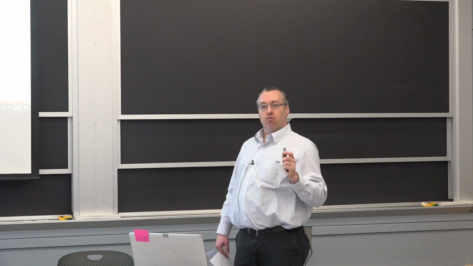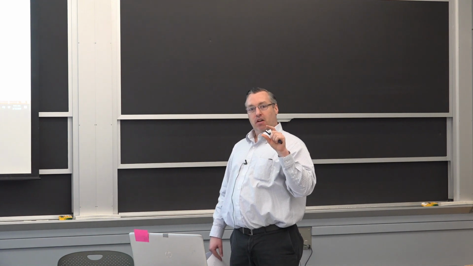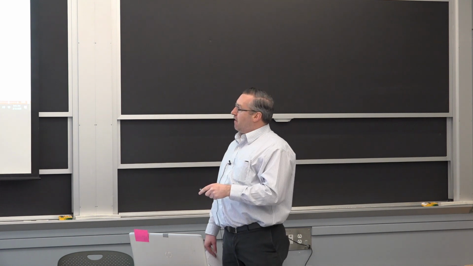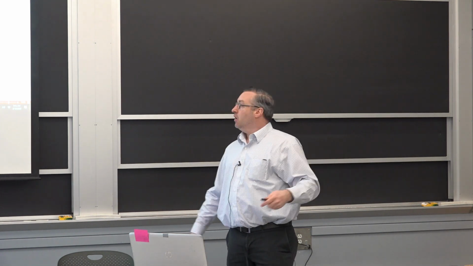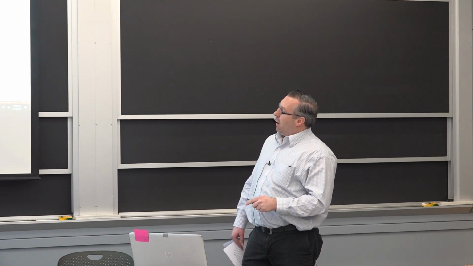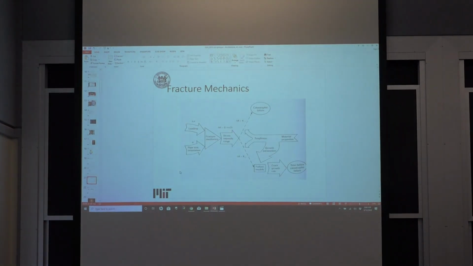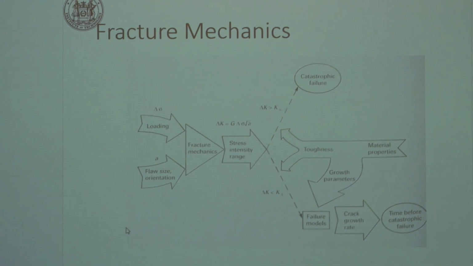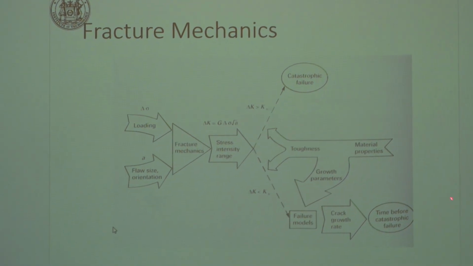Even though you can detect that flaw size, you can still miss it in the detection process because of how it's oriented in the structure. The loading conditions, to tie it all in, you have your crack growth equation here. But if we look at the POD model and the fracture model, there are some things that vary from inspection to inspection.